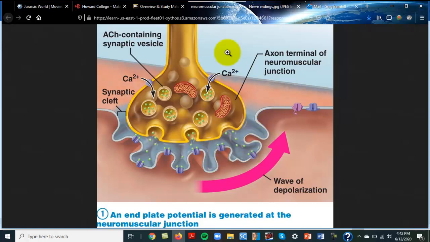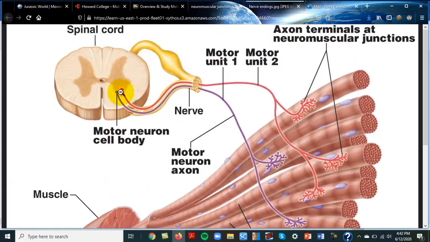Now what happens is a nerve impulse, either as a reflex or from the brain, comes down the spinal cord. It travels out this way. And you can see, now these are the sensory ones going in that. Well, anyway, these are not. These are both motor neurons. But see where they're connecting?